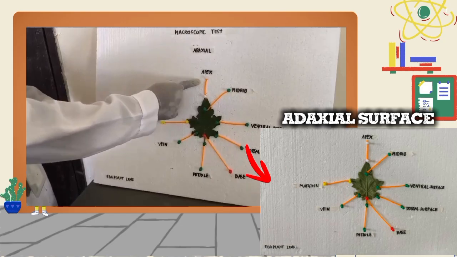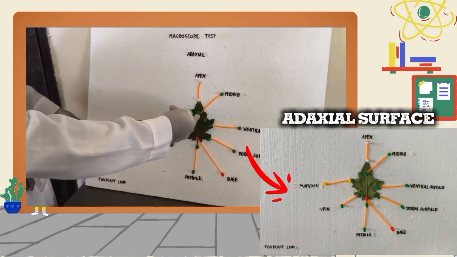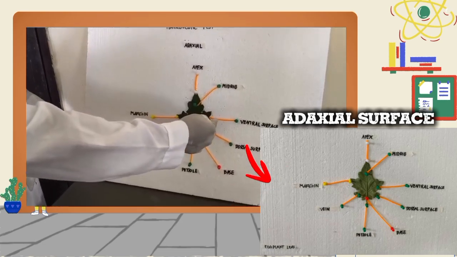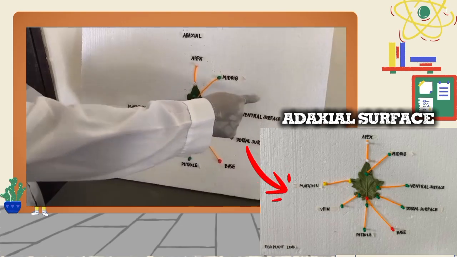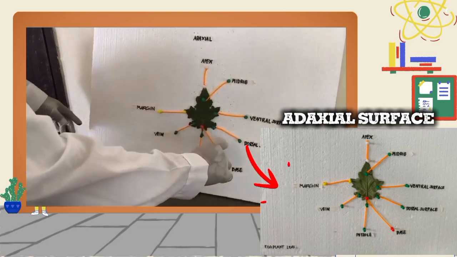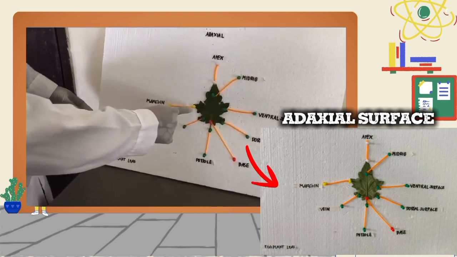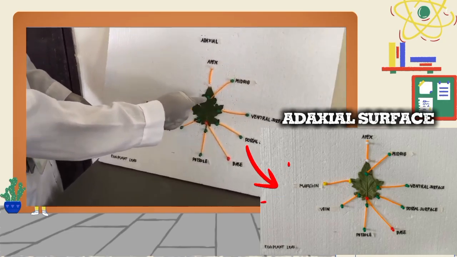Below the apex, we can find the midrib, and on the right side we can find the ventral surface. At the lower part we can find the dorsal surface, and on the left part we can find the margin, or the side of the specimen.